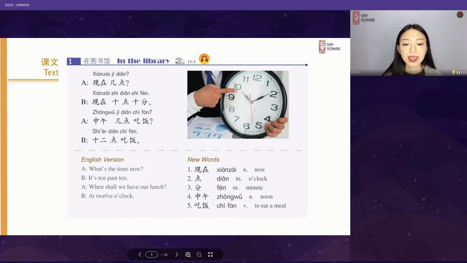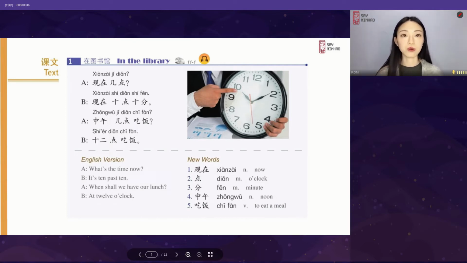Okay, now let's try to read this text from start, okay? Read after me. 现在几点？现在10点10分。中午几点吃饭？12点吃饭。Okay, now let's try to read in rows. I will be A and you will be B. 3, 2, 1. 现在几点？中午几点吃饭？Okay, very good.